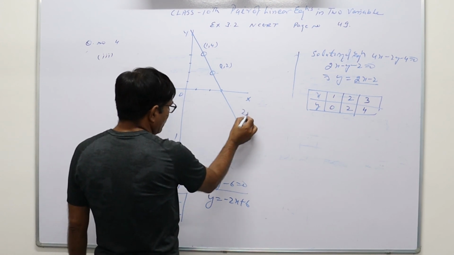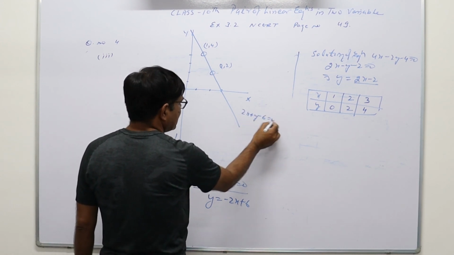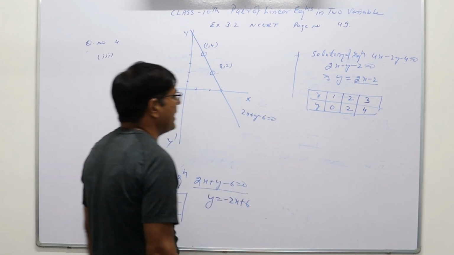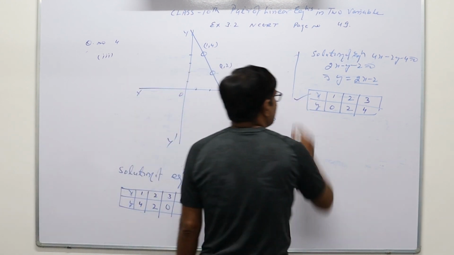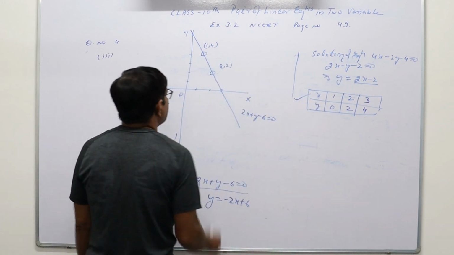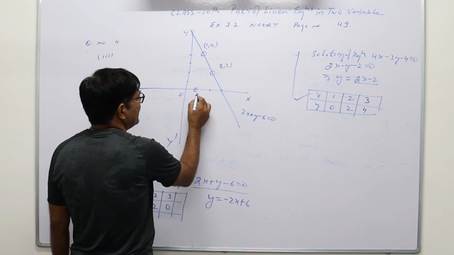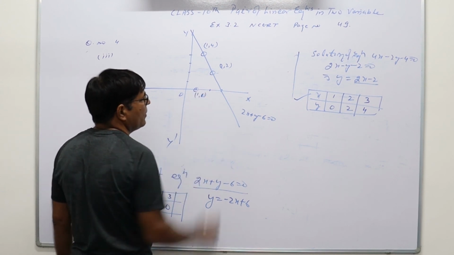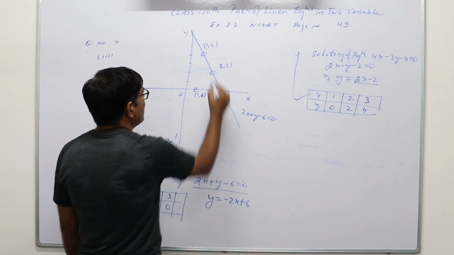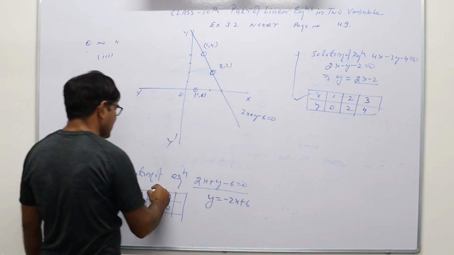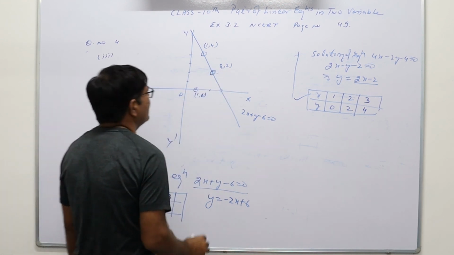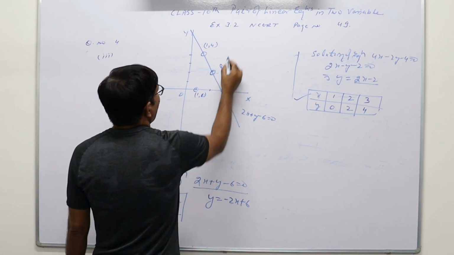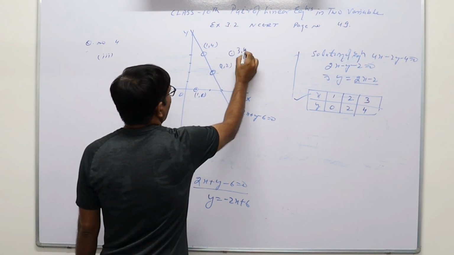So we will write 2x plus y minus 6 is equal to 0. Similarly for the second equation, the solution set is first (1, 0), this will be the first point. Then second (2, 2), this is the common point which is also in the first, and third is (3, 4).